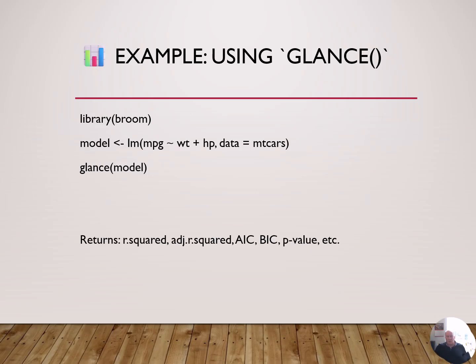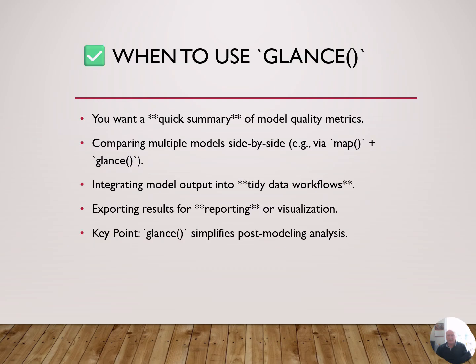So the library is Broom, and if we use the lm model, mpg with wt plus hp, and the data equal to mtcars, then you can just run glance on the model, and it returns R squared, adjusted R squared, AIC, BIC, p-values, and some other things.